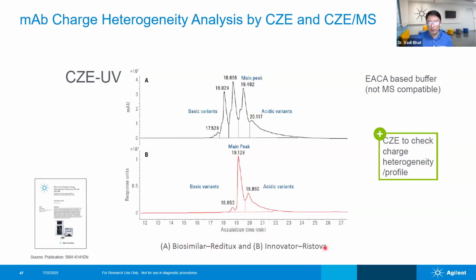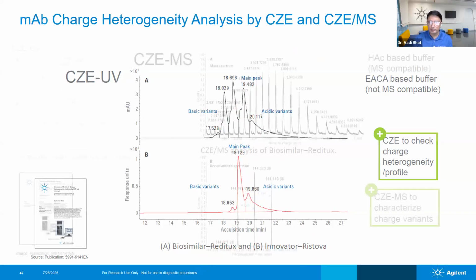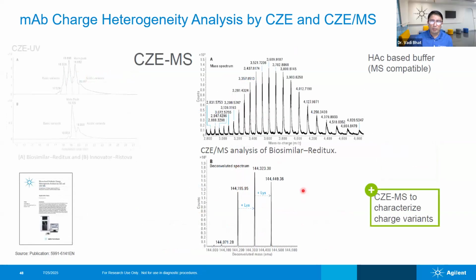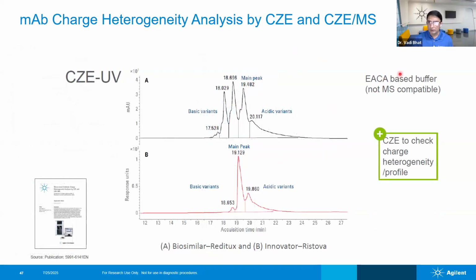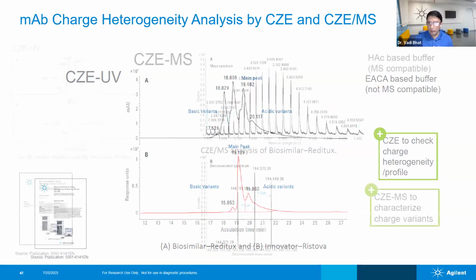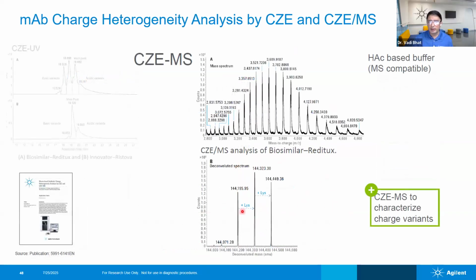One is the innovator Rituxan, and the other one is a biosimilar. And of course the biosimilar looks like it has a lot more variants compared to the innovator. Now, if you combine the mass spectrometry with a mass spec compatible buffer, this one was done with a non-friendly buffer, that's an ESCA buffer, and if you combine with the mass spec friendly buffer, then you can get a nice mass spectrum of this molecule.